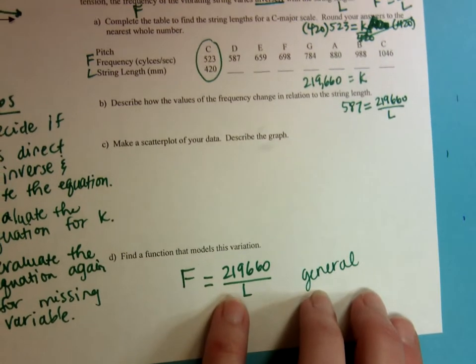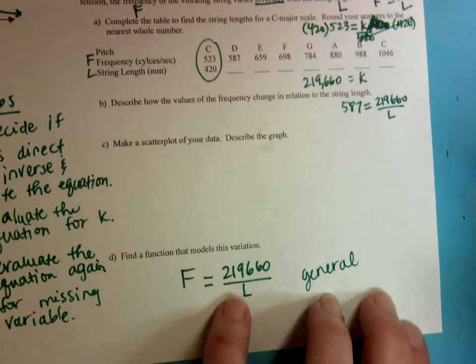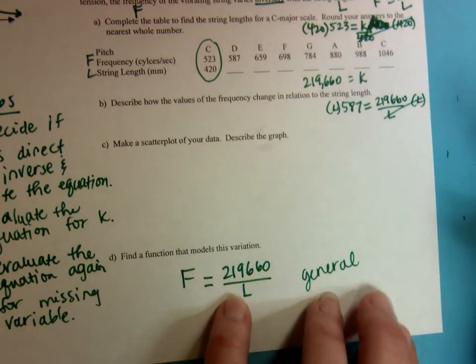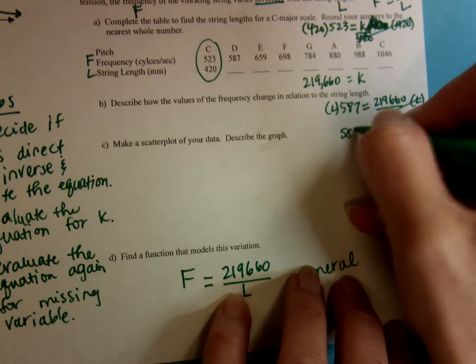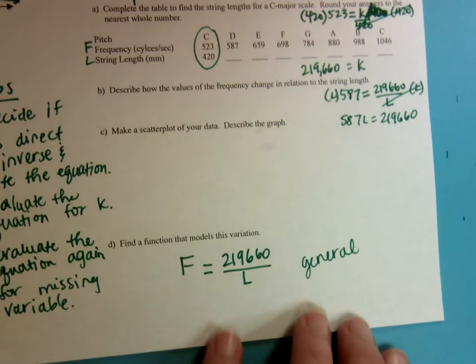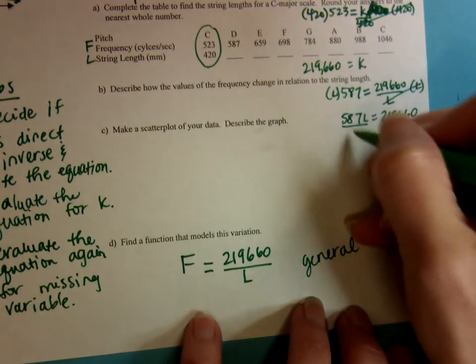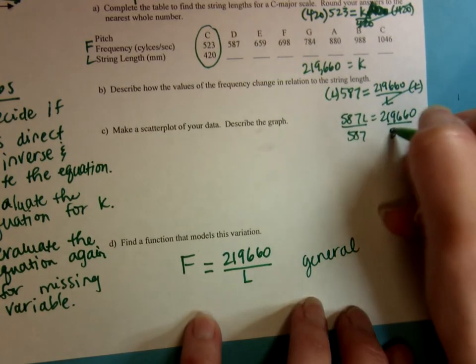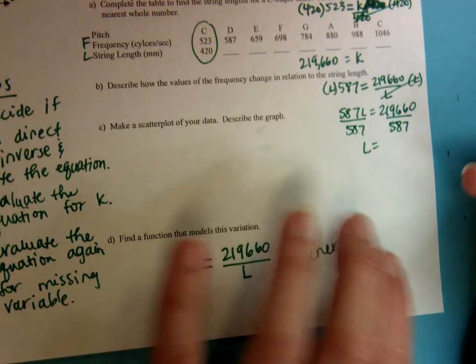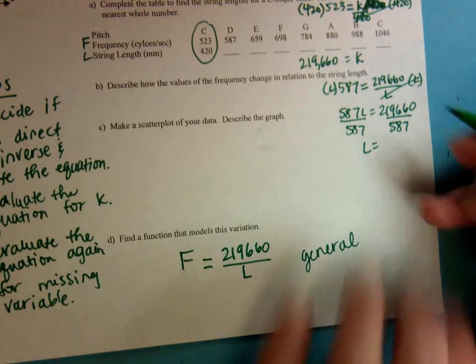So what would we do to figure out what the L is? Yes, multiply by L. So then the L's cancel, and we're left with 587L equals this large number. And then what would we do? Divide by 587. And it says for us to round to the nearest whole number. And so to get this one, it is 374.